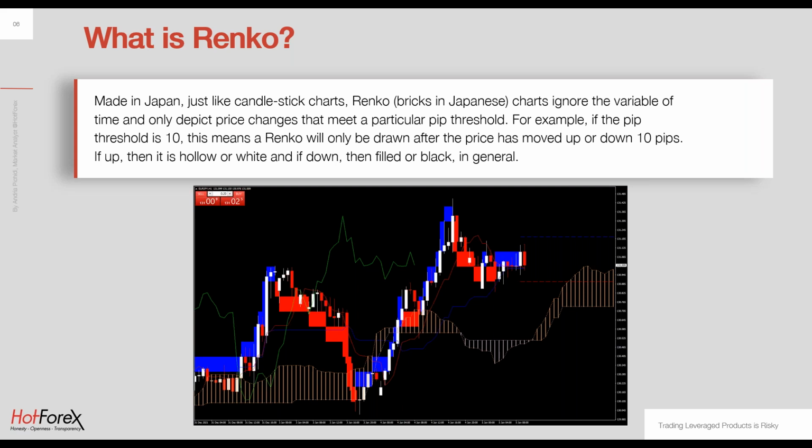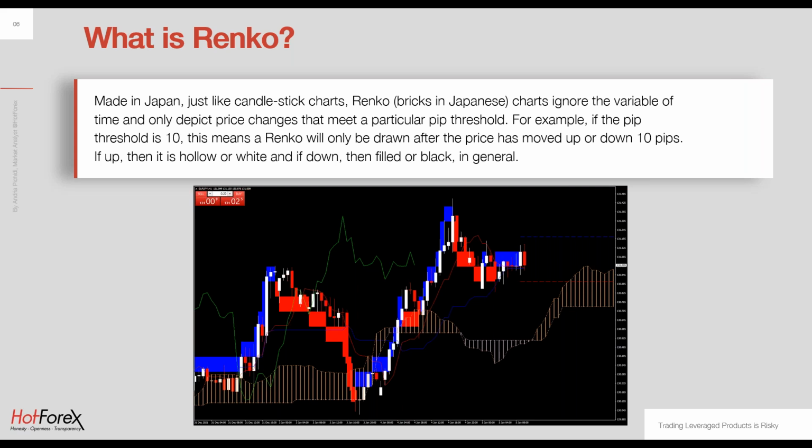By default, it will be at 10, but it can change based on your trading strategy, on your time zone and time frame, and so on. It can be amended. So let's see further how Renko charts could help us in the next few slides.